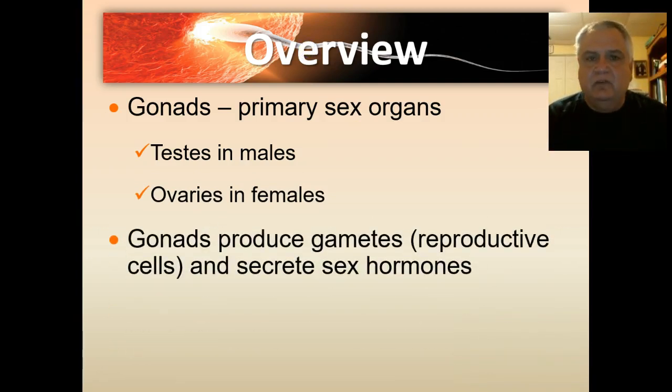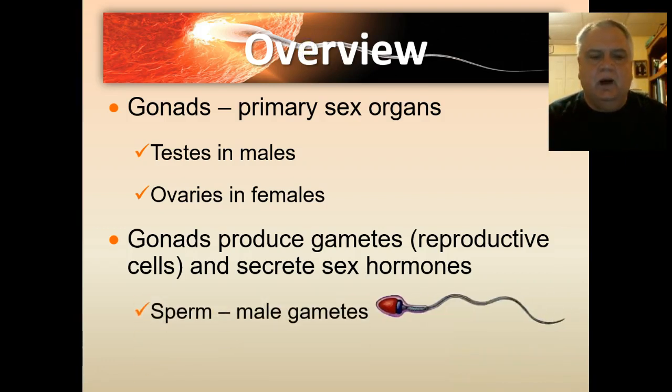These are the primary sex organs because the gonads, whether male or female, produce the reproductive cells, which we call gametes from our first slide. You may have been wondering what gametes were, and we'll get into that a little bit more as we move along. But the gonads, in addition to producing the gametes, also secrete sex hormones.